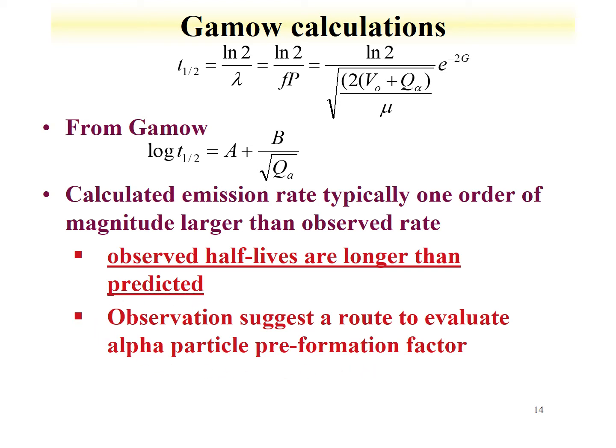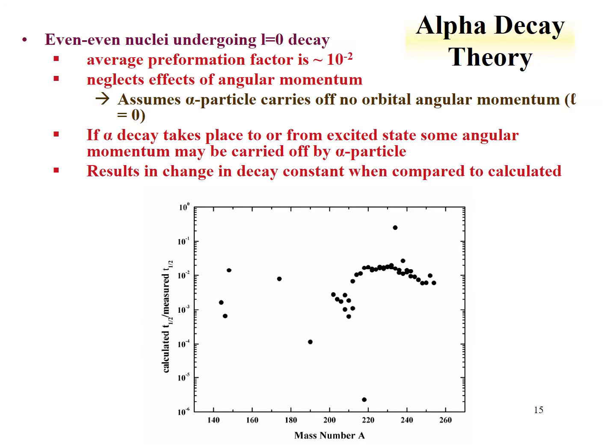So the preformed alpha is a way of fixing the data so that our calculations and observed data can match. We just use the preformation factor as a fix to what we observed.